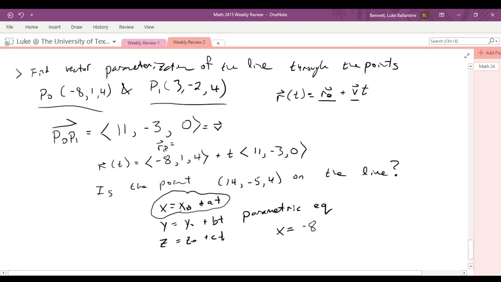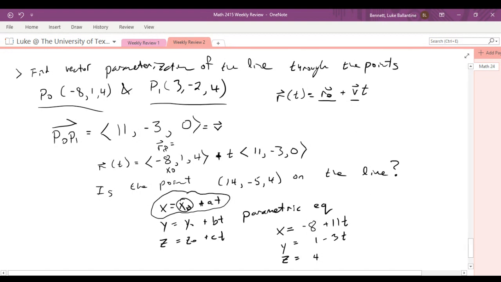You got the x naught all right, but what's the plus at? Up here we have plus, there you go, plus 11t. And then what is y? There you go. z equals. Cool.